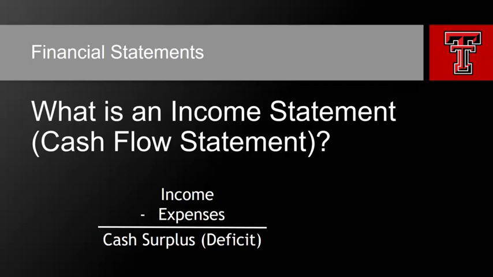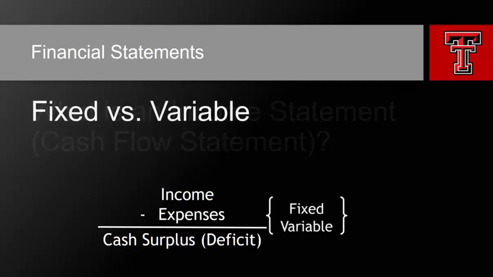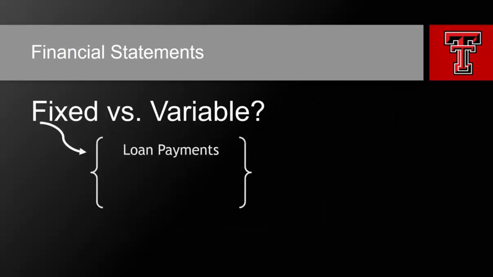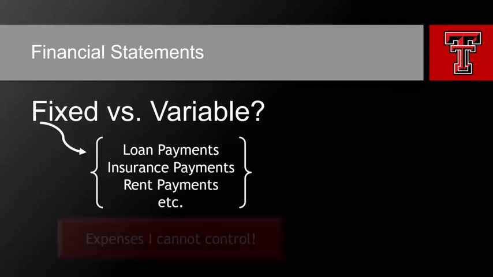Now let's take a closer look at expenses. Expenses are split into two categories, fixed and variable. Fixed expenses are items such as loan payments, insurance payments, and rent payments. The key to determining if something is fixed is to remember that fixed expenses are outside of my control.